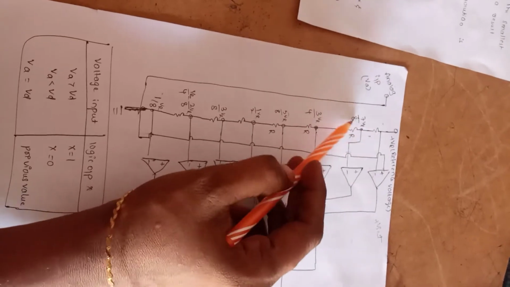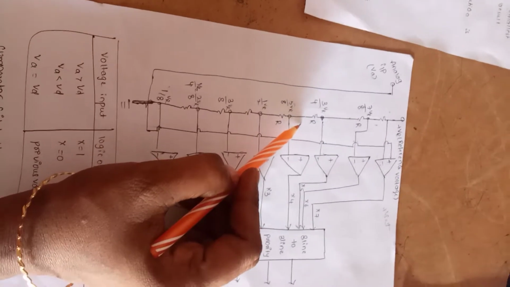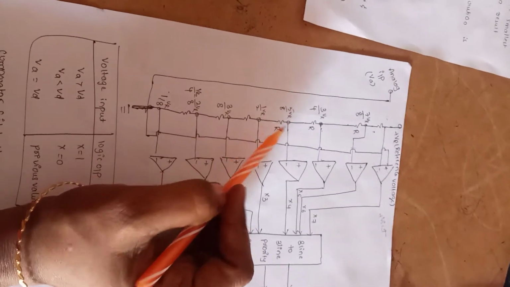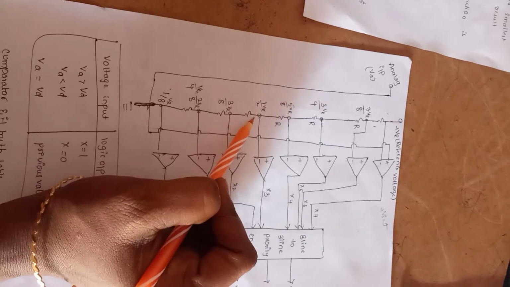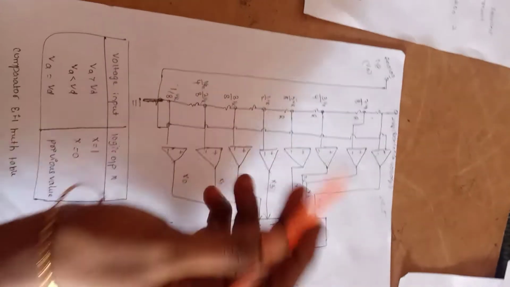So 7 into reference voltage by total resistance 8. Next 6 by 8. Here 5 by 8. Here 4 by 8. Like this we can find all these reference voltages.